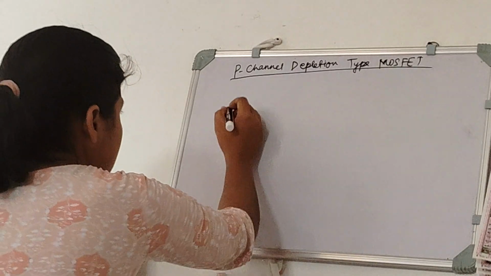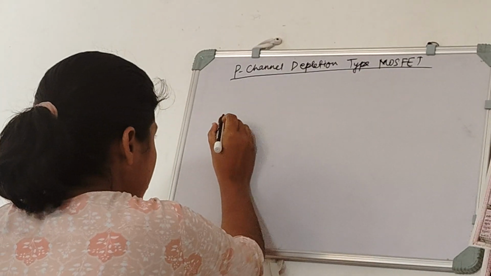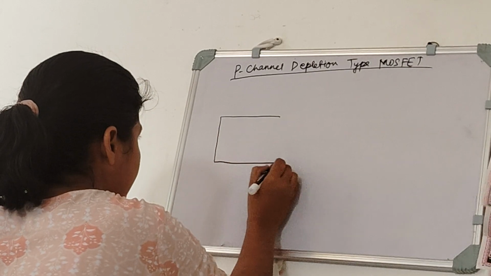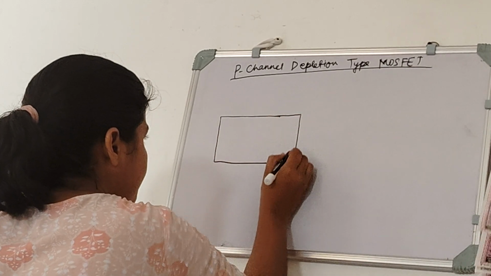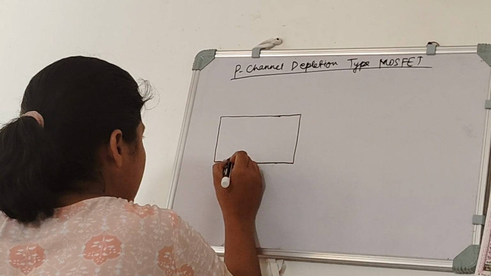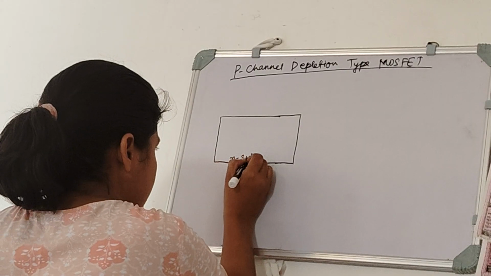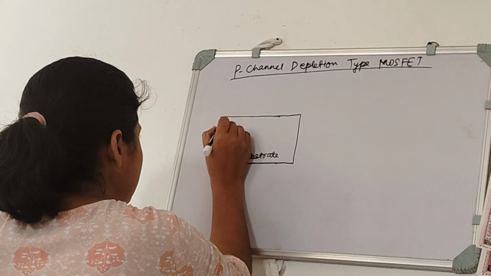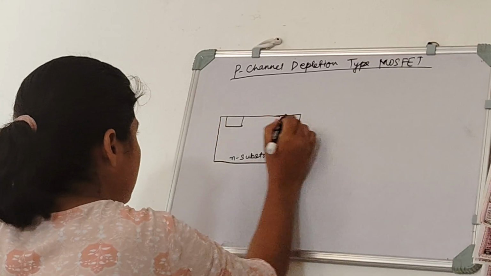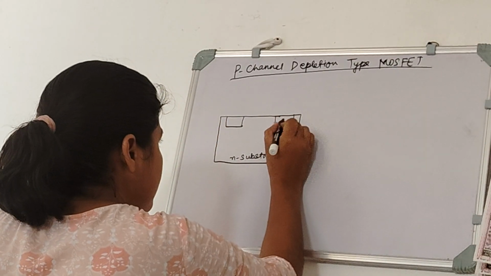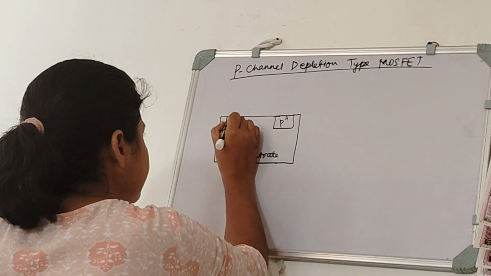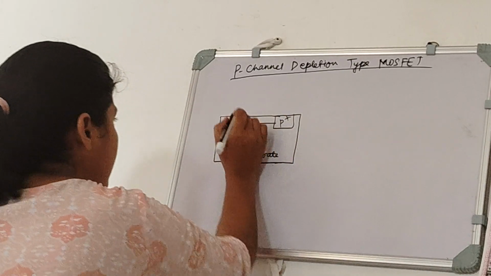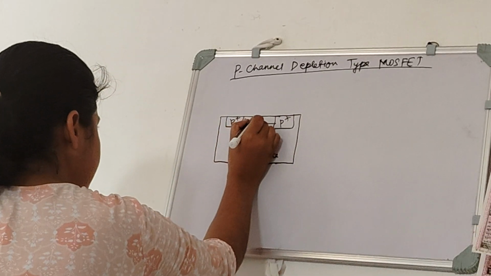So this is our structure of p-channel depletion type MOSFET. It will have an n substrate, that is, the substrate will be made of n type material. Its source and drain will be of p plus type material, and its channel will be of p type material, that is, it has a p channel.